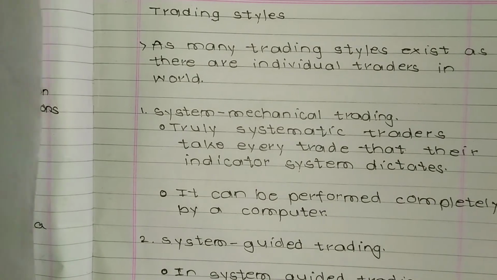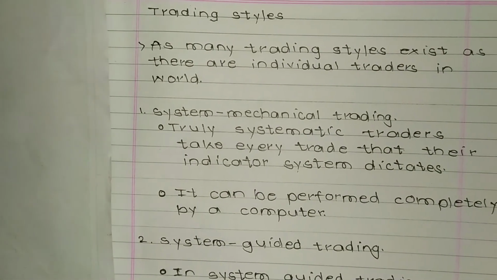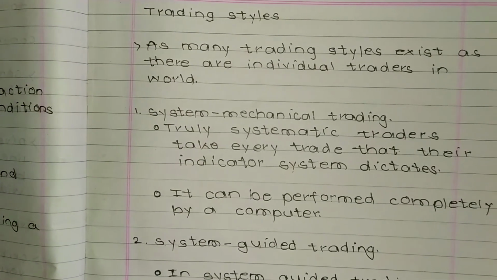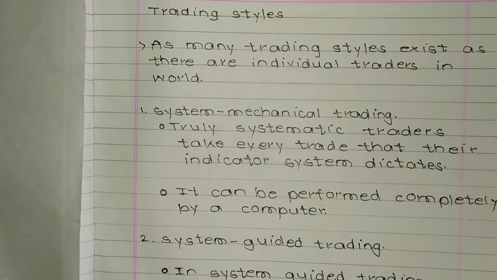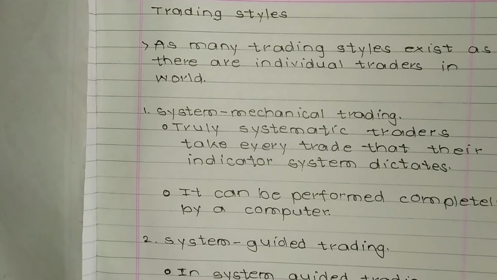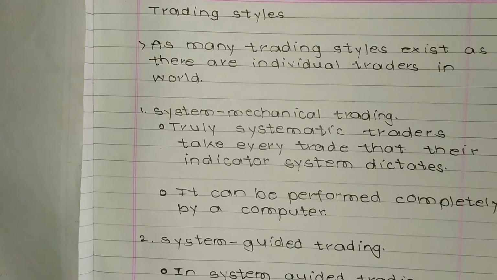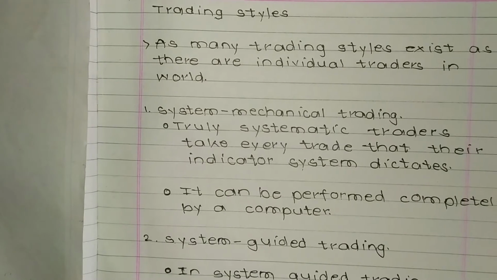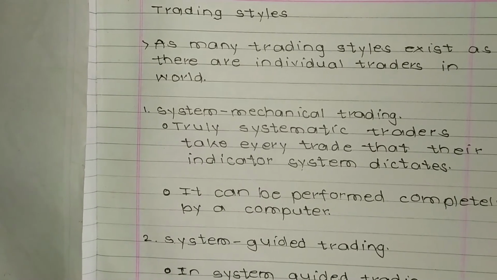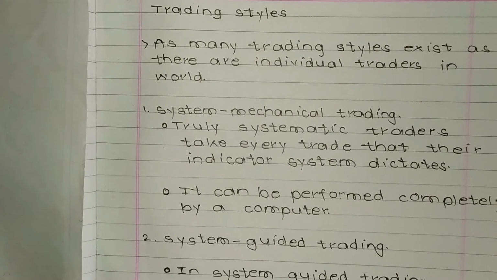Some traders prefer a one day time frame of candlestick, some traders prefer a 1 hour candlestick chart. Then some traders, these are scalpers, prefer a 1 minute candlestick chart. So these are different trading styles.